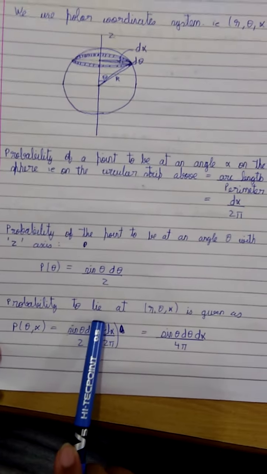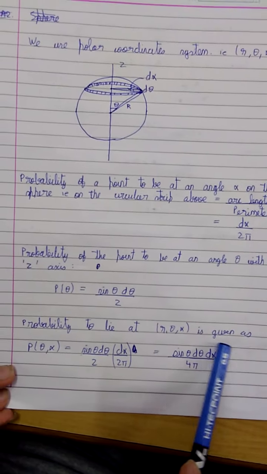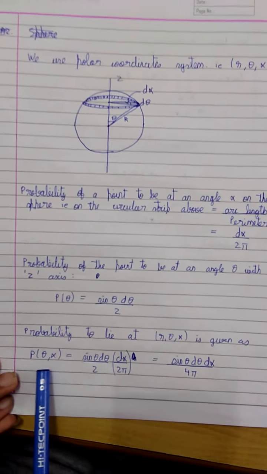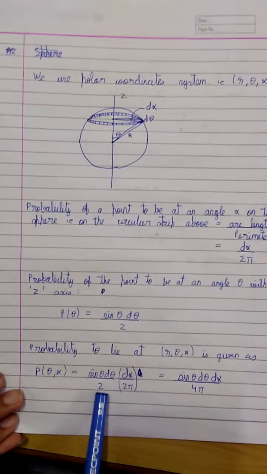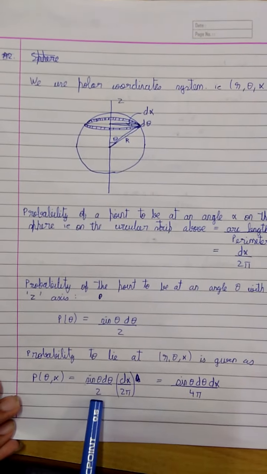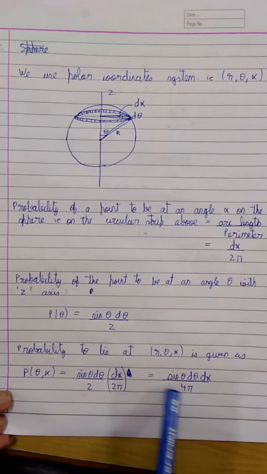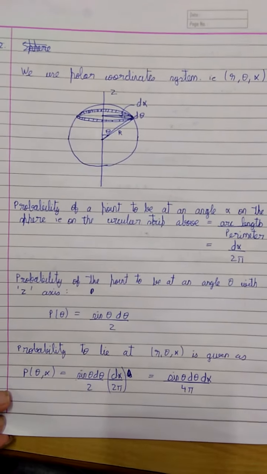Thus, the probability of a point to lie at r, theta, alpha is given by p of theta, alpha equal to sine theta d theta by 2 into d alpha by 2 pi, equal to sine theta d theta d alpha by 4 pi.